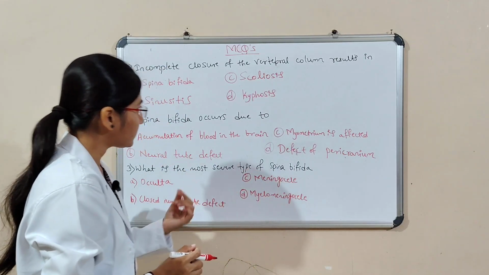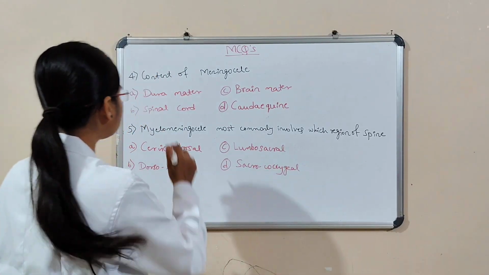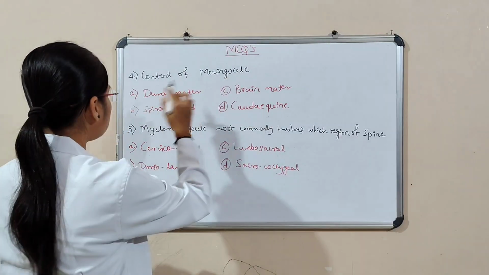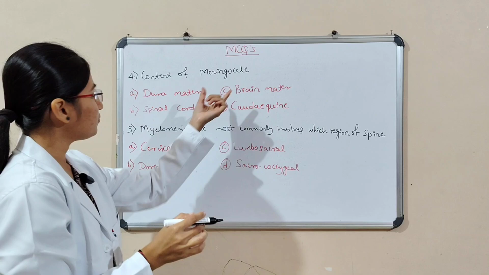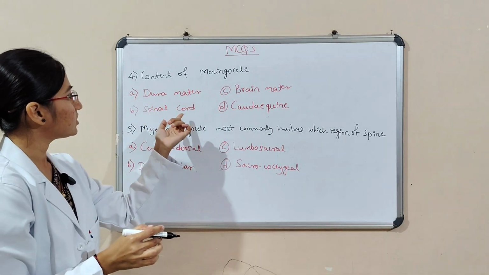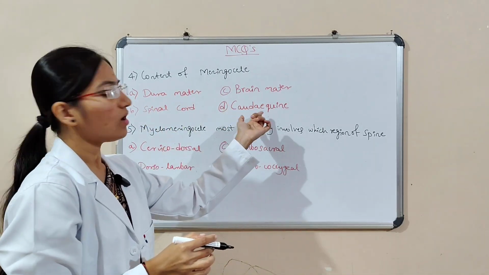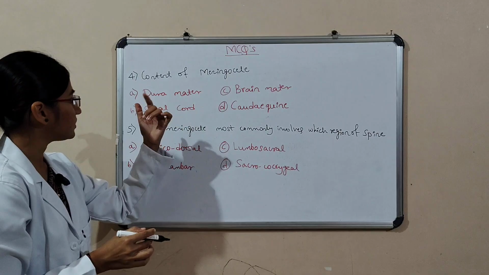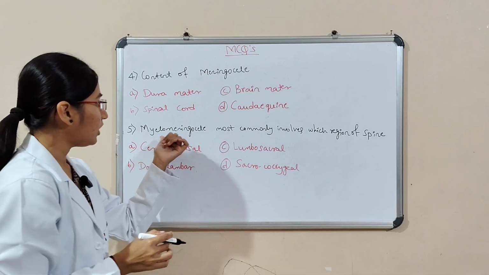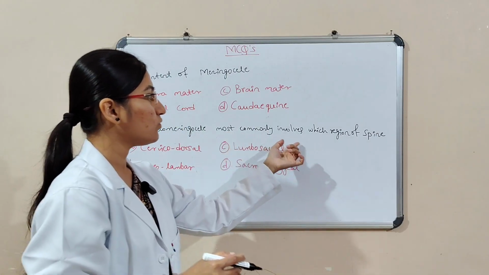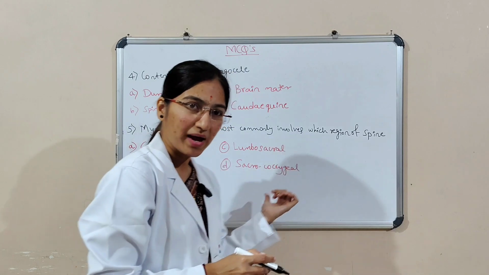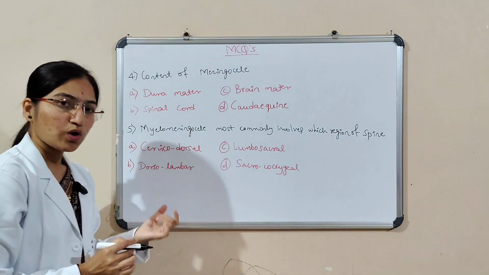Next, 4th question is content of meningocele: dura mater, spinal cord, brain matter or quadruped. And then 5th question: myelomeningocele most commonly involves which region of the spine? These are the options.